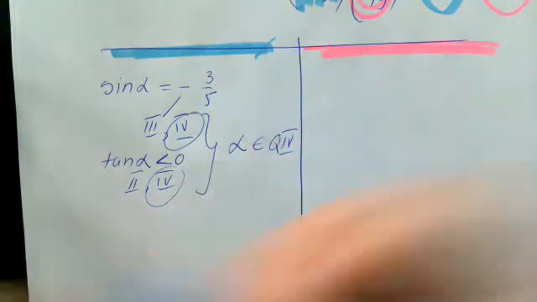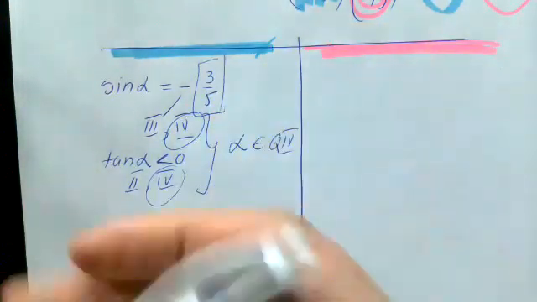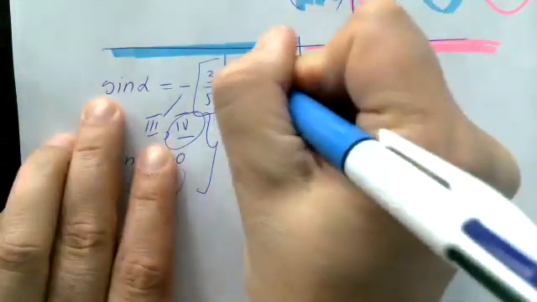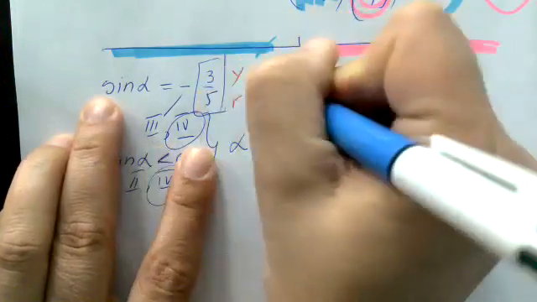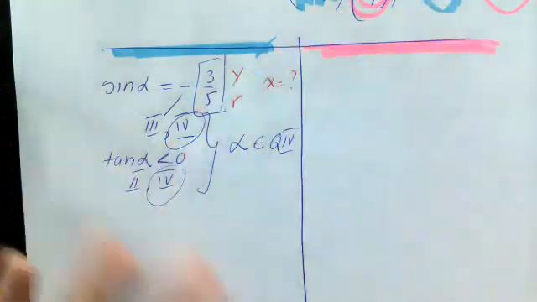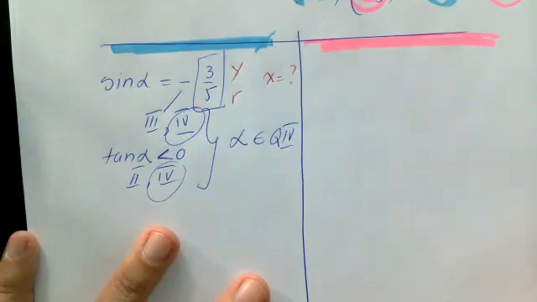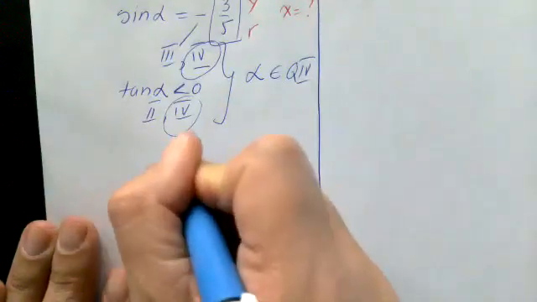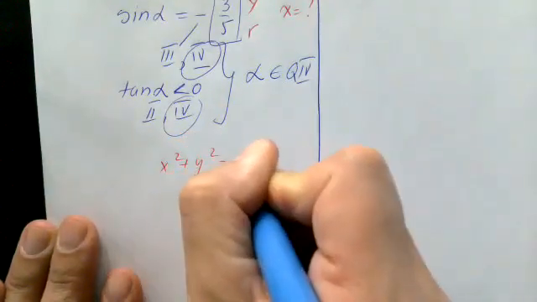And then from the actual value and the formula for sine, which is y over r, we're going to find the missing piece, which is x, using the circle equation: x squared plus y squared equals r squared.